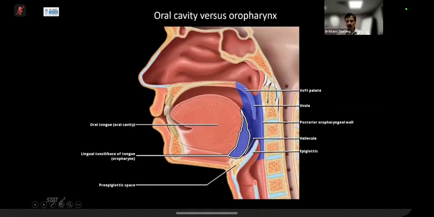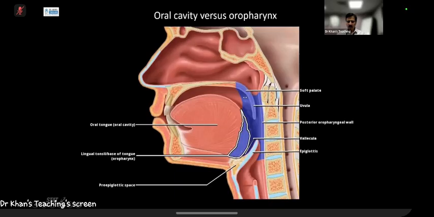The soft palate per se is part of the oropharynx. Superior to this level, because it gives you this drooping type of appearance, this is the level which is in line with the hard palate. This thing is the nasopharynx.